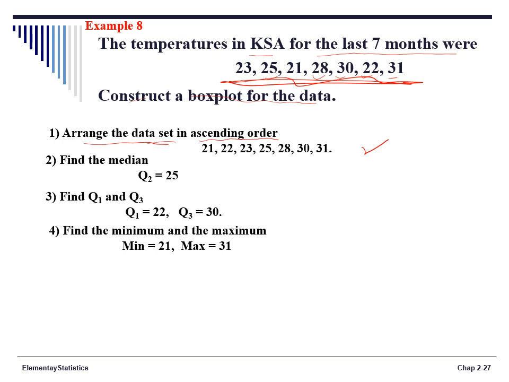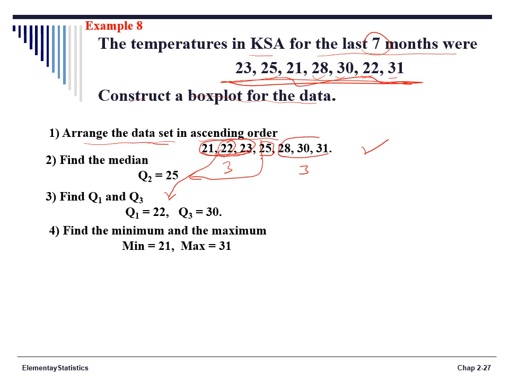Let me remind you how to get the median. We have 7 values, so there will be 3 of them here and 3 of them here. So we have a middle value. This becomes the median or the second quartile. For this part, we have a median here. This makes Q1.